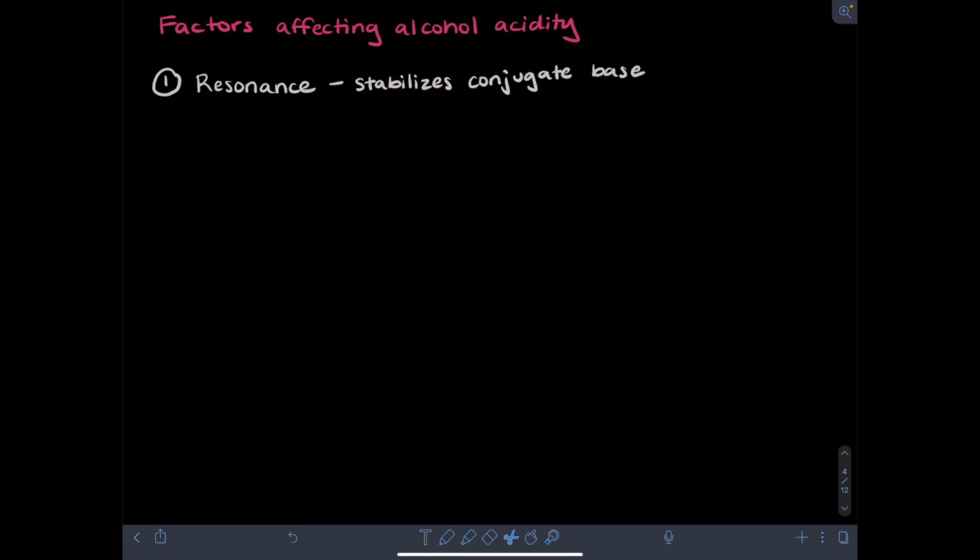A couple of factors influence the acidity of alcohols. One of these is resonance. And recall that we're thinking about the stability of the conjugate base, the alkoxide form. We can see this resonance effect in action by comparing cyclohexanol to this aromatic substituted alcohol.